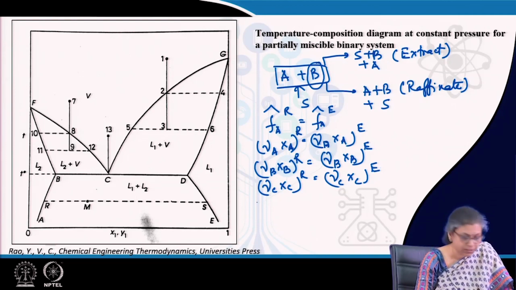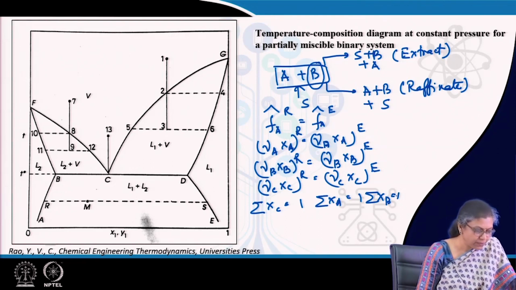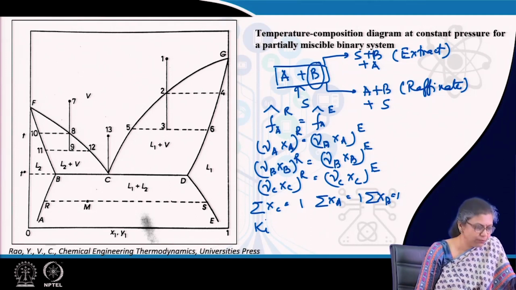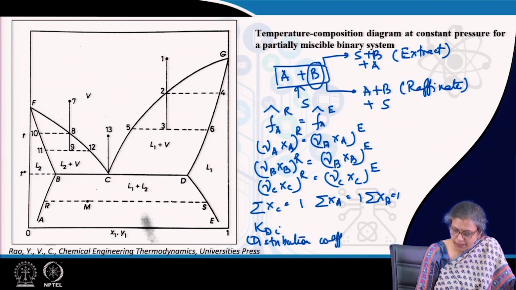So, therefore, these are the equilibrium relationships, coupled with the fact that sigma x C should be equal to 1, sigma x A should be equal to 1, and sigma x B also should be equal to 1. In this particular case the K factor, or the equilibrium ratio that we have talked about, is generally denoted as the distribution coefficient, which is x I in the extract phase by x I in the raffinate phase.